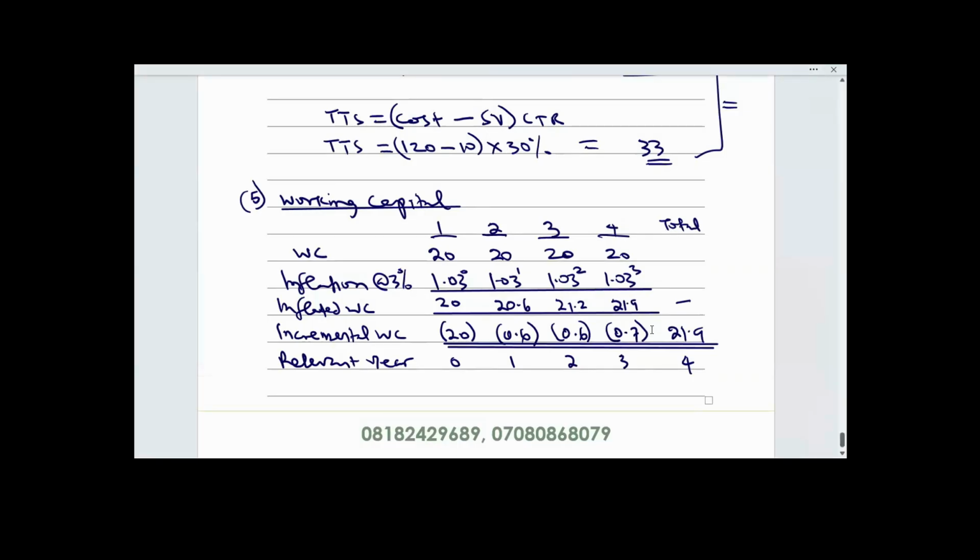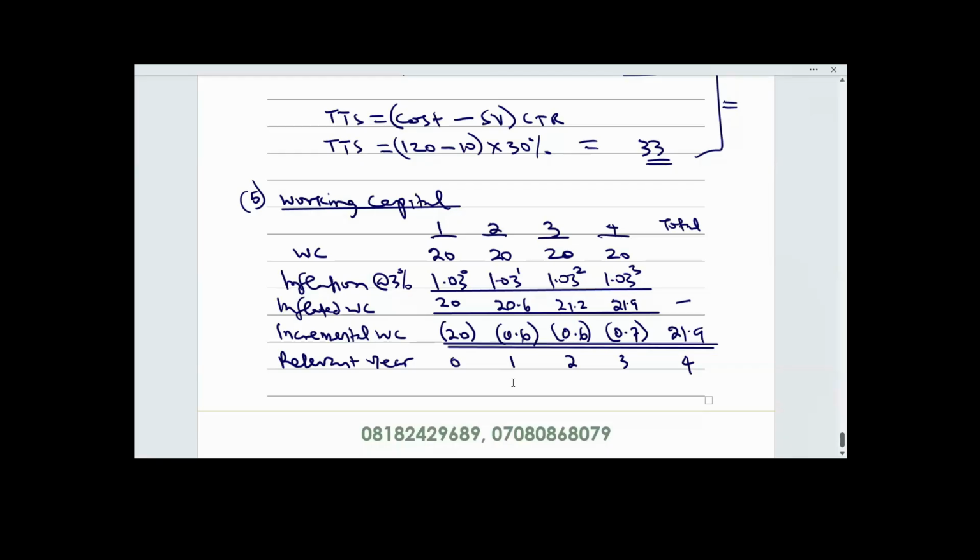My question is, I didn't get how for year 3 you got that 0.6, the incremental working capital. How did you get that figure? 20.6 minus 21.2, that's 0.6.